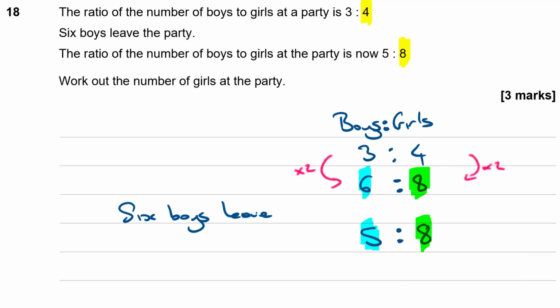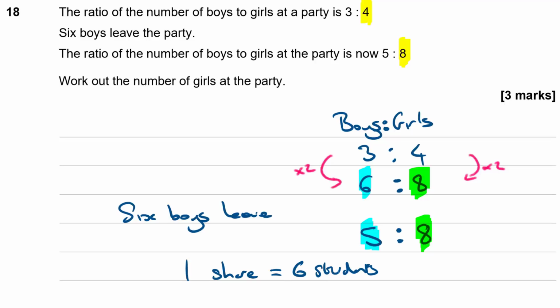So overall we've reduced the number of shares of boys by 1 when 6 boys left. So I conclude from that that 1 share is equivalent to 6 students.